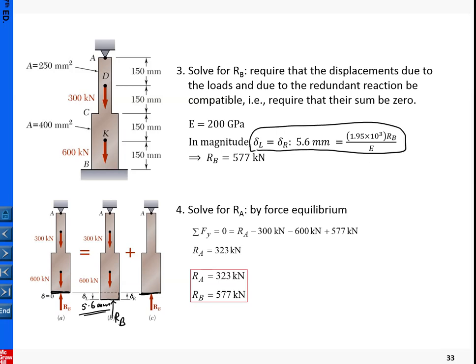And again, you can think about it this way. For the first subsystem, due to loading, if there would be no constraint, the lower end is free to deform by 5.6 millimeter. However, because in reality we have the constraint here, such a free deformation is not allowed.